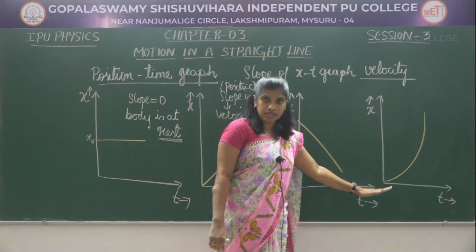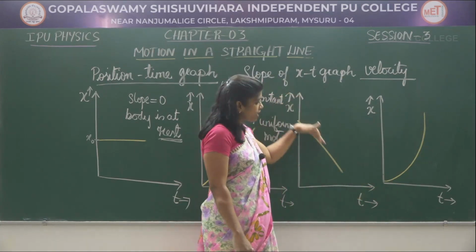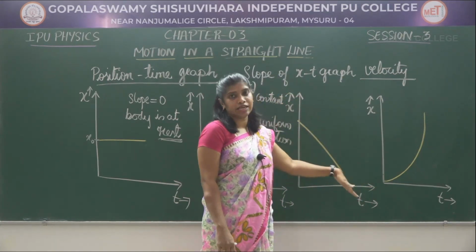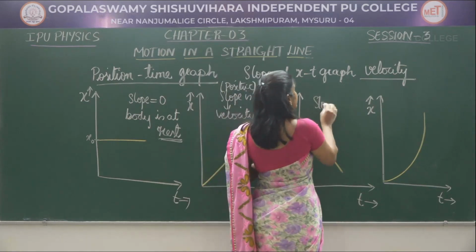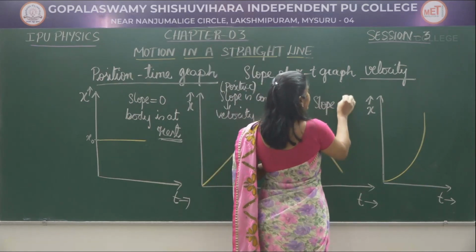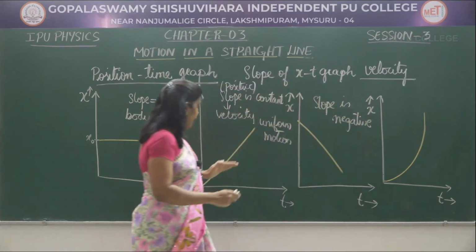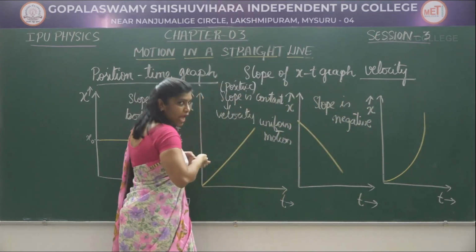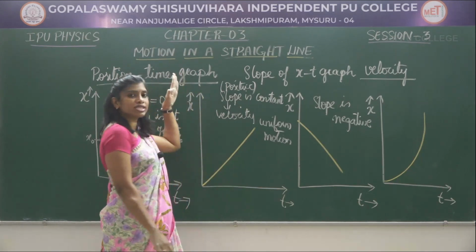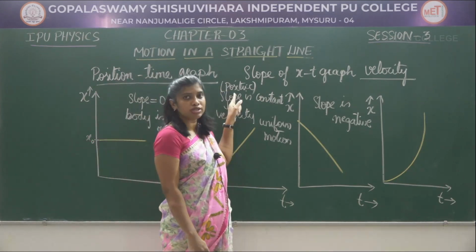As x-axis increases, y-axis is decreasing. Therefore, I call the slope here negative. In the previous case, as x increases, y was also increasing. Therefore, the slope is positive.